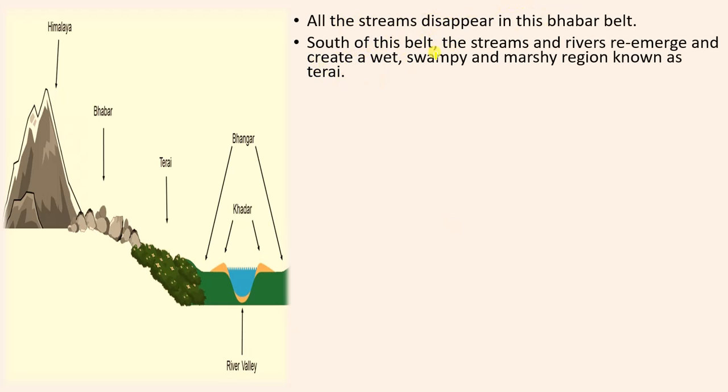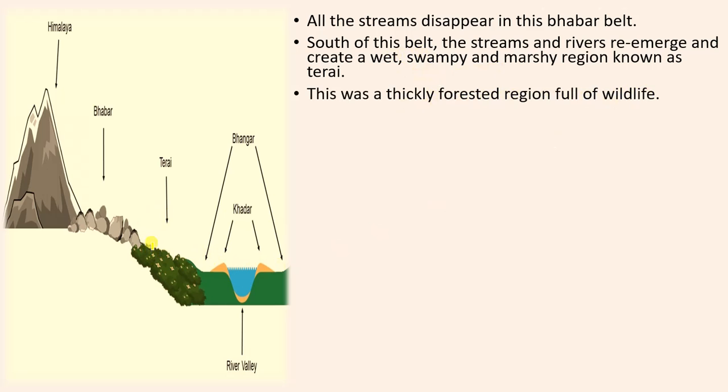South of this belt, when the river moves ahead after the Bhabar belt, the river re-emerges and creates a wet, swampy and marshy region known as Terai. This was a thickly forested region full of wildlife.